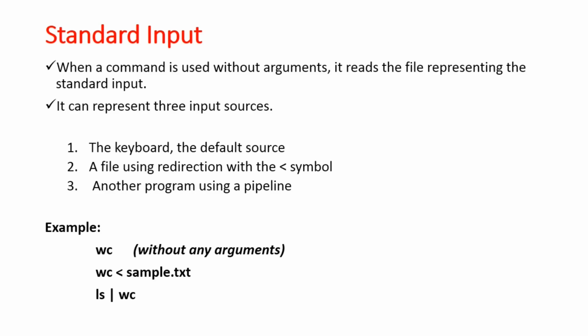So the output of ls is the input to the wc command. Now there are three different sources for the standard input: one is the keyboard, another is redirection with the less than symbol, and the third is the pipeline.